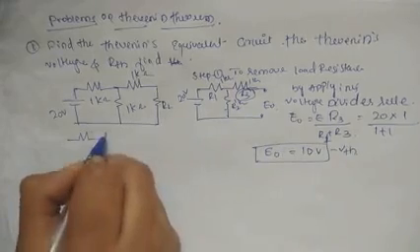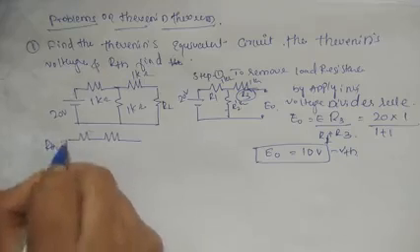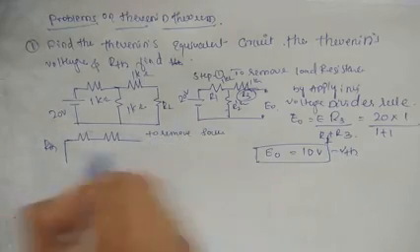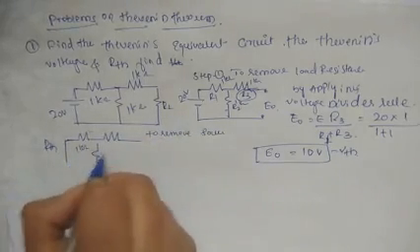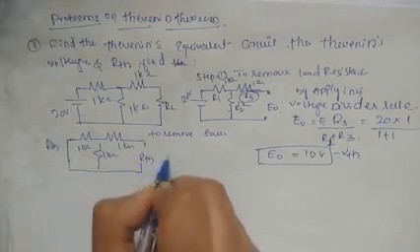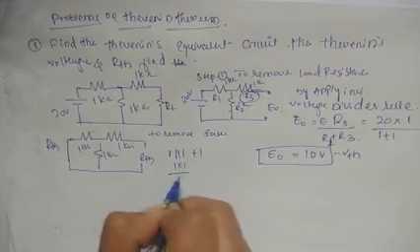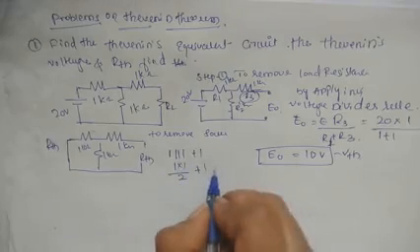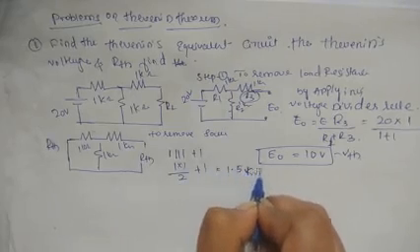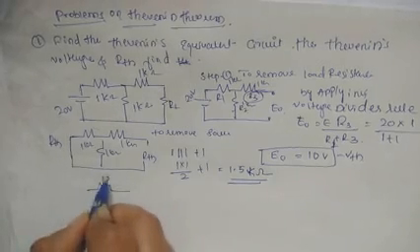Next, find the RTH value. Remove the source, 1 kilo ohm, 1 kilo ohm, 1 kilo ohm. 1 is parallel to 1 plus 1. 1 into 1 divided by 2 plus 1. 1.5 kilo ohm is the RTH equivalent.